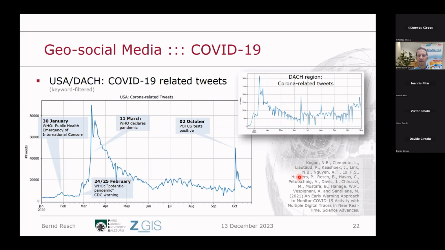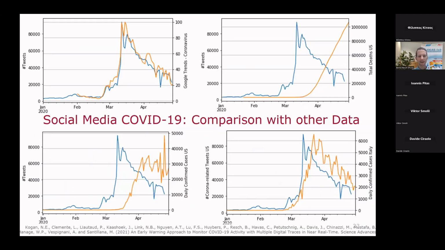And in this publication here that we did together with Harvard Medical School, we basically showed that this Twitter wave is about 14 to 17 days ahead of the actual case curve. In other words, let's look at this. In blue down here, you again see the Twitter curve for COVID-19.